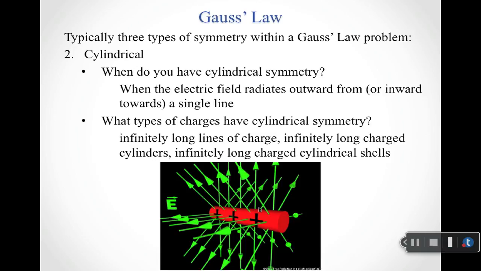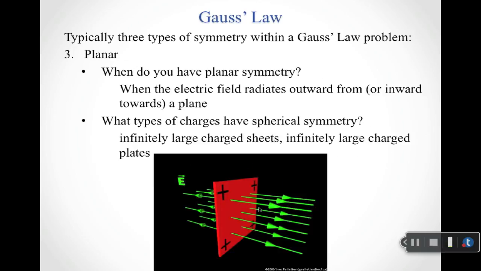And then the third type of symmetry that we'll run across is planar symmetry. So planar symmetry is you've got electric field lines radiating either outward from or inward towards some plane, some sheet, right? And so the types of charges that'll give us planar symmetry are either going to be infinitely large charged sheets or infinitely large charged plates.